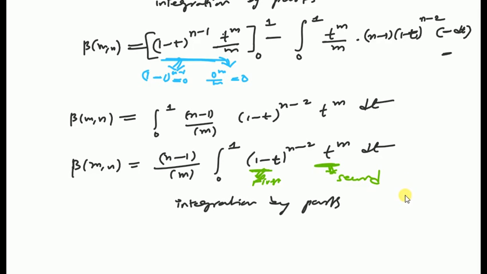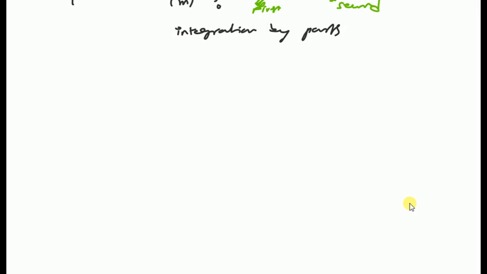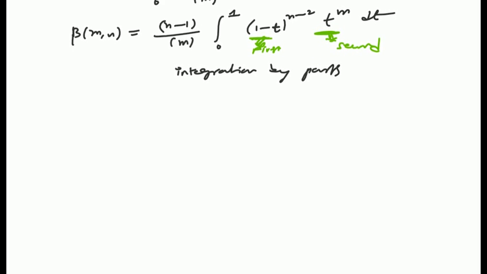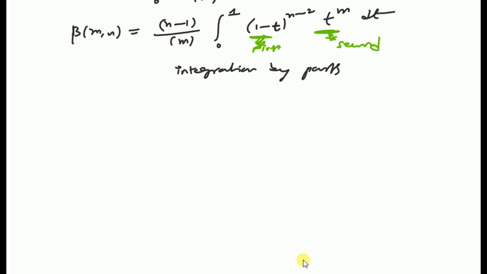Then what I have, so beta mn will be equal to n minus 1 by m. Now start from the integration by parts.